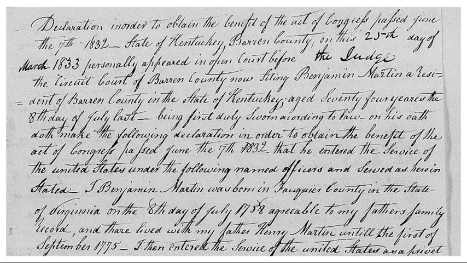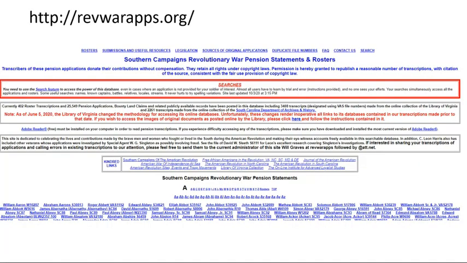Now, I do want you to also know, if you're not used to looking at handwritten text, that you can also, particularly if it's southern states, use a link called revwarapps.org, which is a great project that was put together by several folks to make these more accessible and searchable. Before they were so widely available, the process began to create this.